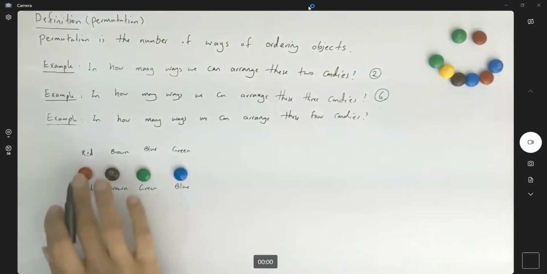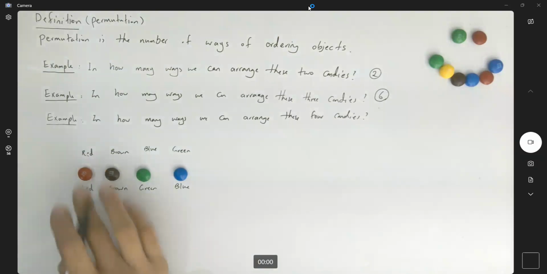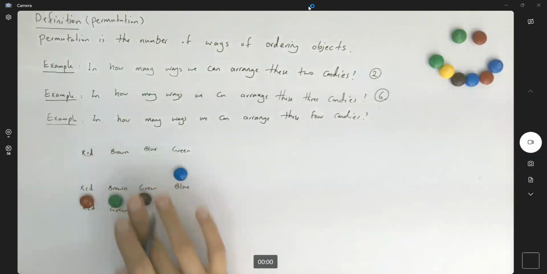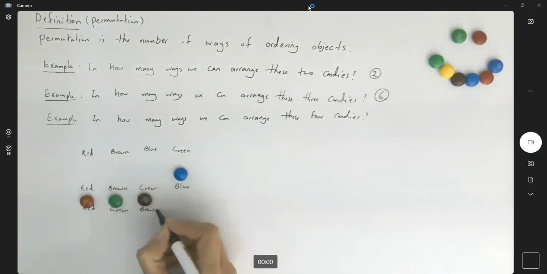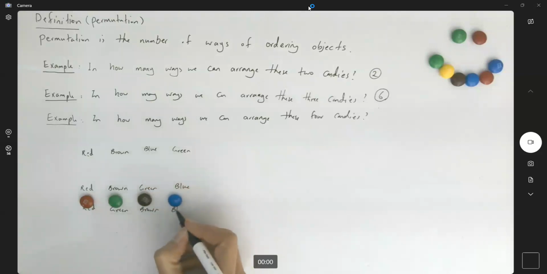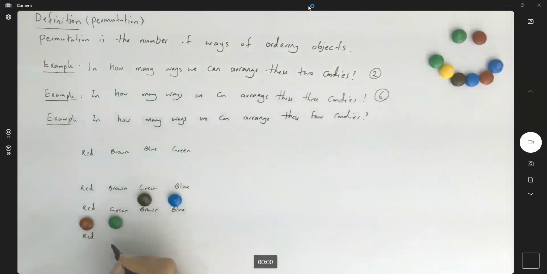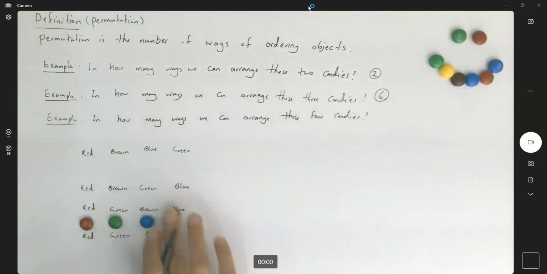You might say that, well, I want the red to come first. I want to have green next. I'm going to have brown after that. And then blue. Okay. You might say red comes first, then I have, for example, green, then blue, then brown. Okay. As you can see, for 4 of these, we can write a lot of different arrangements.